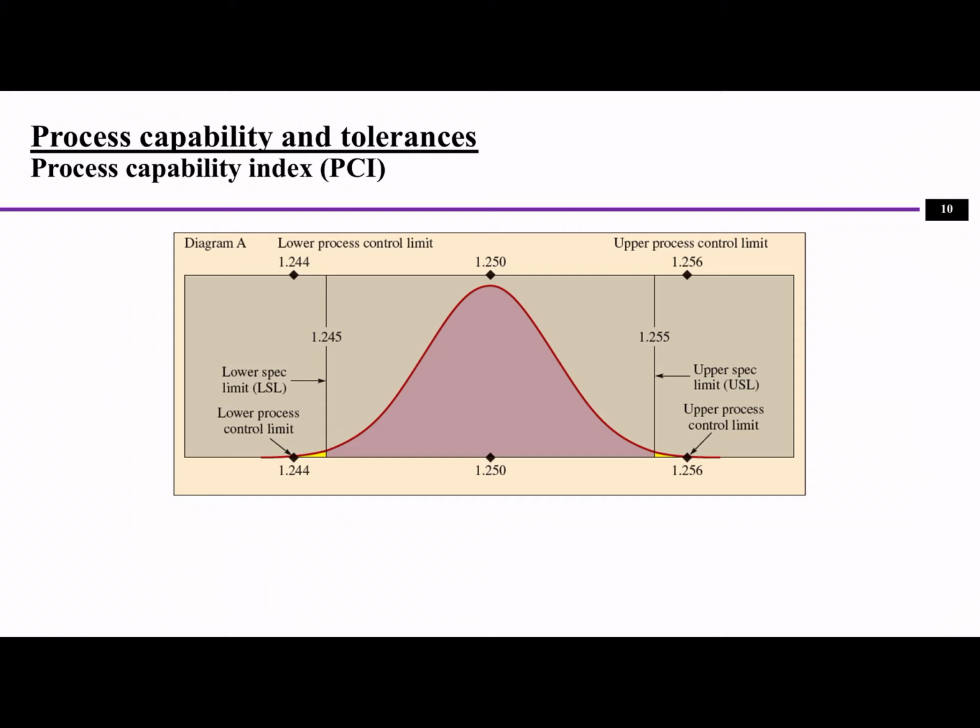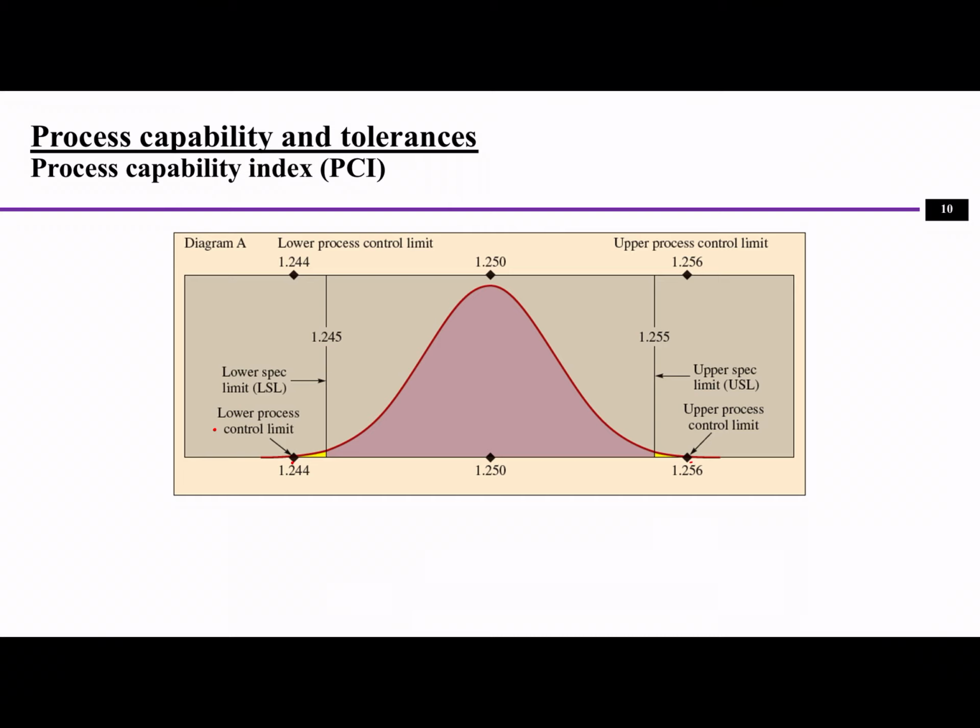All right, so process capability index, PCI, is one index that shows what the process capability is. For example, in this chart, there are some key points. One key point is the lower process control limit, right? This point, and also the upper process control limit.